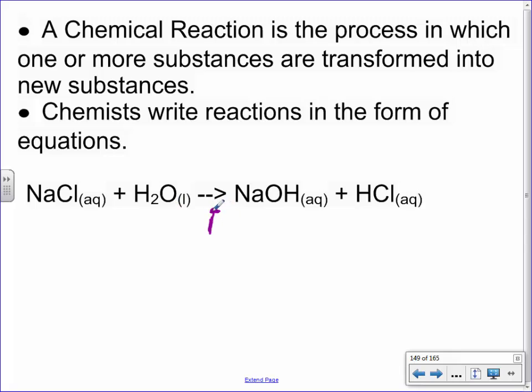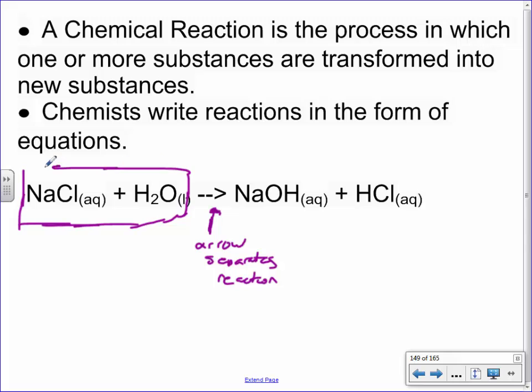An arrow is what separates a reaction. Because on this side of the arrow over here is what you began with, and on this side of the arrow over here is what you made.